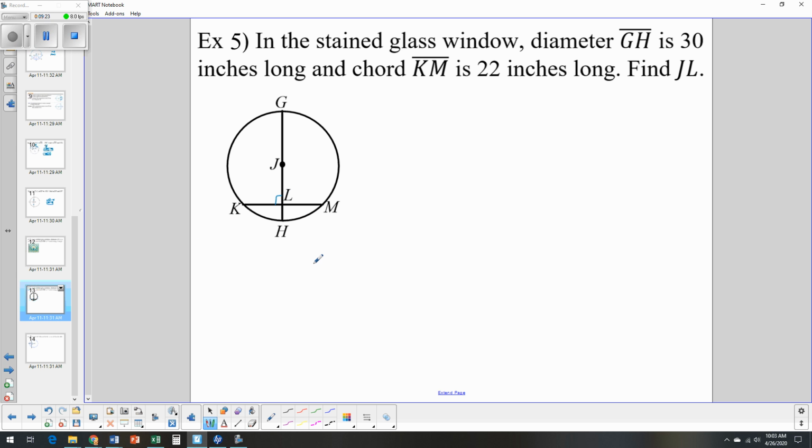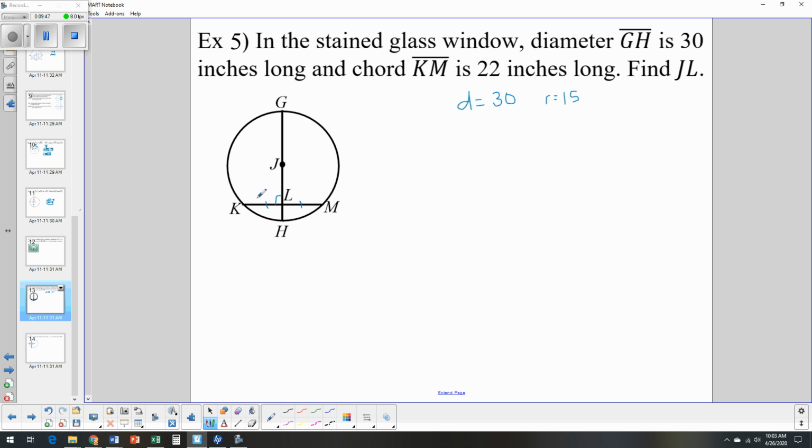So diameter GH is 30. We're going to keep that in mind because that also means then if the diameter is 30, the radius is only 15. We do see that the diameter is perpendicular to the chord, making these two congruent, and they're telling us the entire KM is 22.